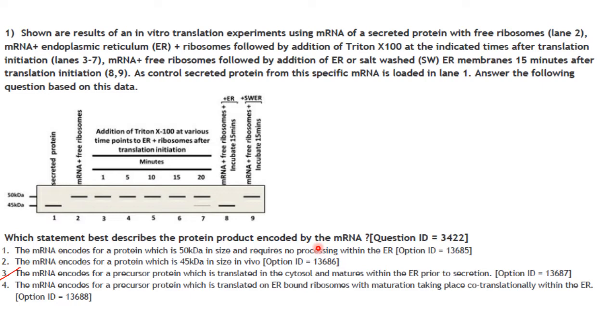So, mRNA plus free ribosomes give a band at 50 kDa. But when Triton X100, which is a detergent, was added to endoplasmic reticulum plus ribosomes, there was no change in the 50 kDa band. That is, from lanes 3 to 7, there was no change in the 50 kDa band.